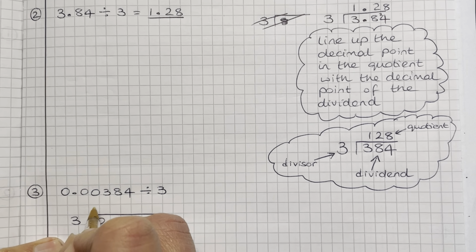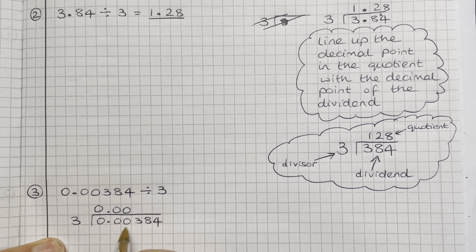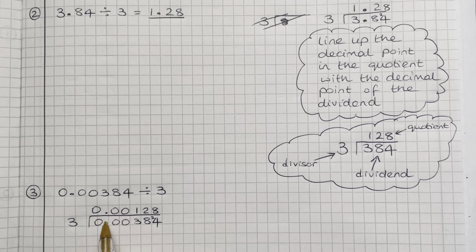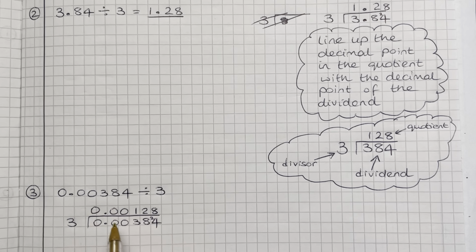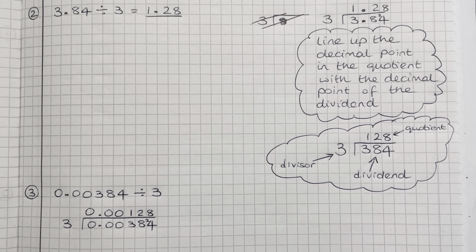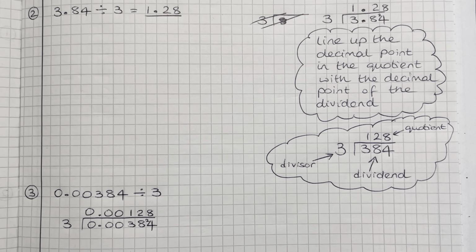So we just need to copy up until we get to this point, and then we can start. 3 goes into 3 once, 3 goes into 8 twice, remainder 2, etc. So just make sure you're copying in the same way that we copy up the decimal point. We want to copy up all our zeros, our placeholders, to make sure that we still get that decimal point in the correct place.